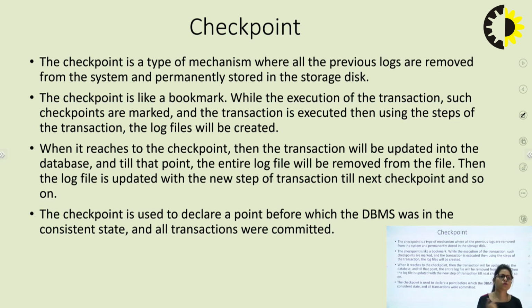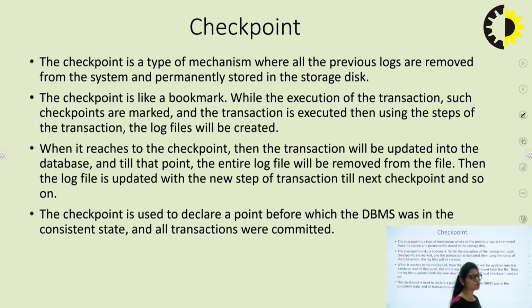Then, using the steps of the transactions, the log file is created. When it reaches the checkpoint, the transaction is updated into the database, and up to that point the entire log file is removed. Then the log file is updated with the new steps of the transaction until the next checkpoint, and so on.